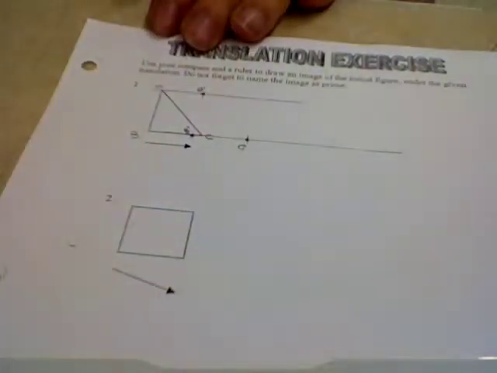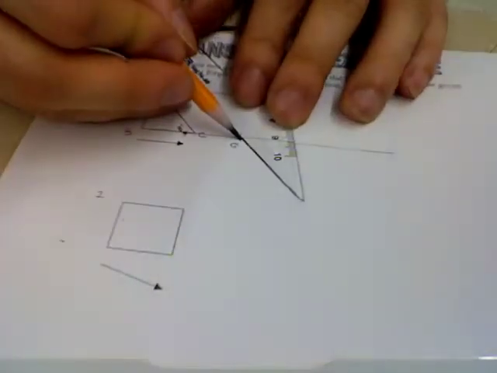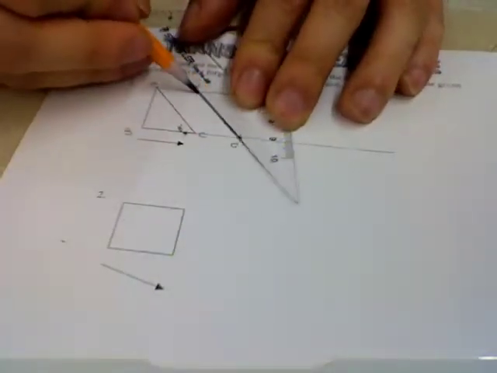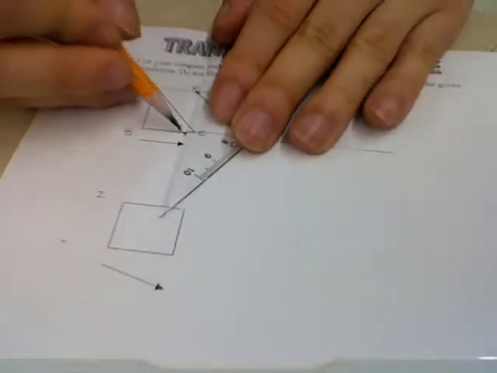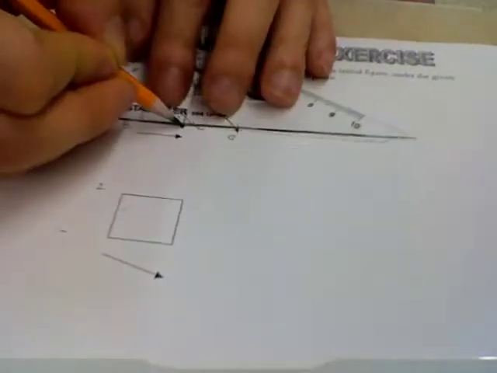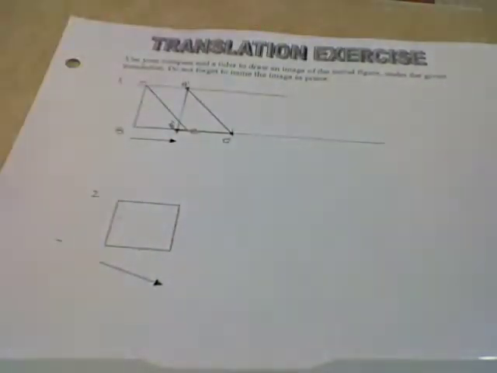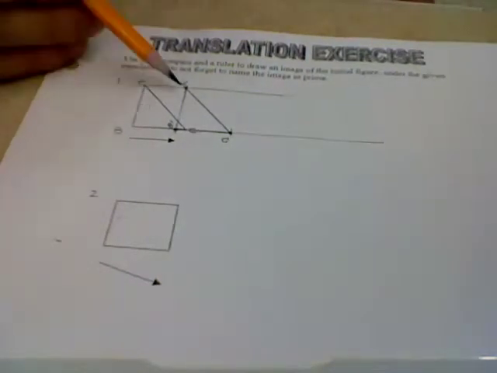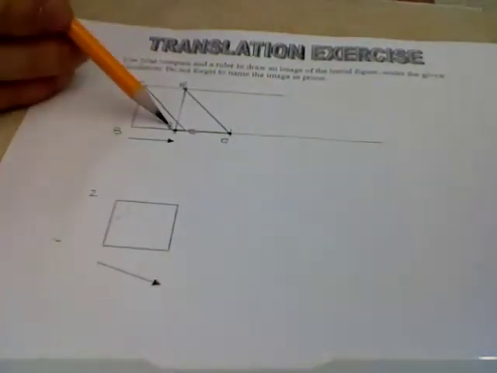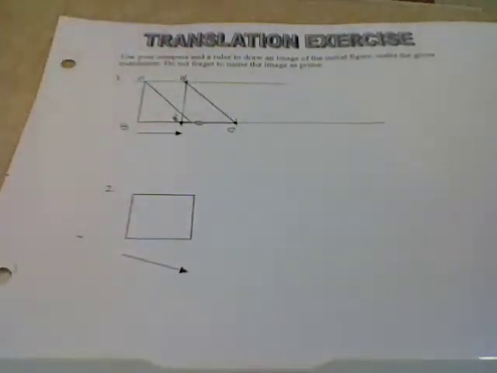This is my new image, and now I take my ruler or my triangle and I connect them. Now I have my original, I have my image, and my image is labeled A prime, B prime, C prime. This little line means prime, and it's very important to have that there.